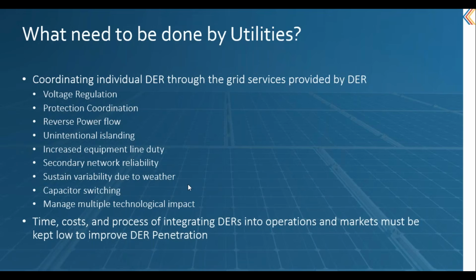Most of the DERs depend upon renewable sources, so weather has a huge impact on the generation capacity. And then there is the capacity switching of the grid. These are a few of the grid services which should be exposed by the DER.